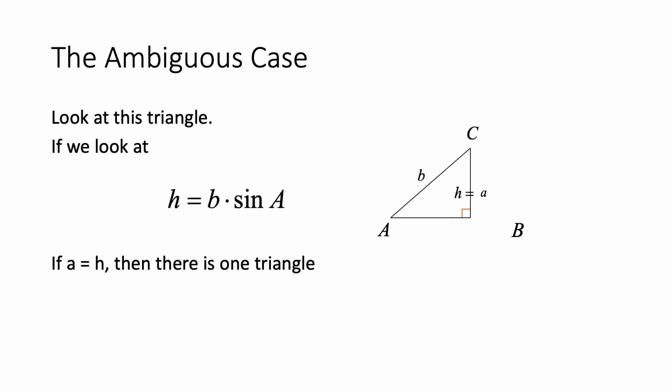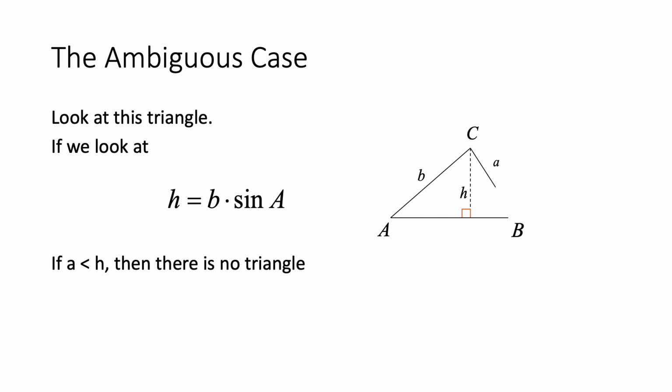So if we take side A and set it equal to H, we can make one triangle. If side A is less than H, like so, you can't make a triangle like that.